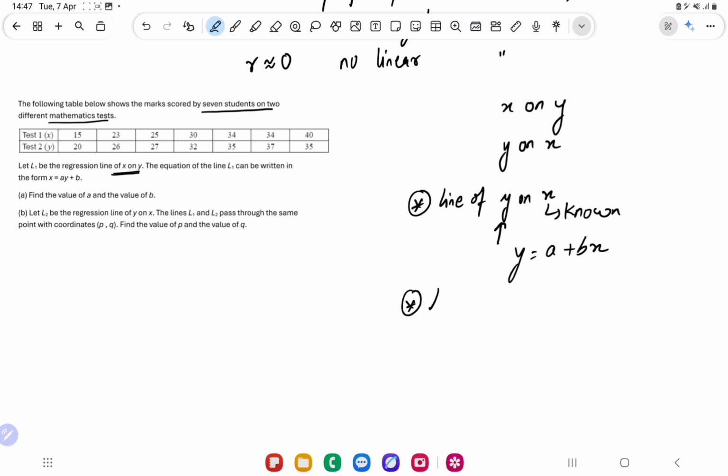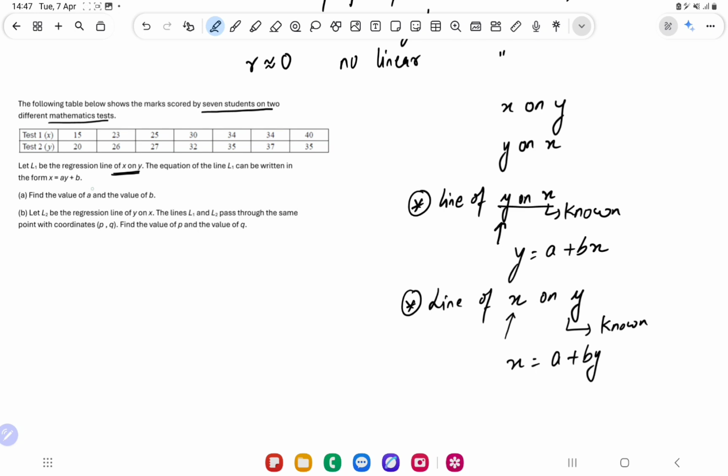And whenever I am talking about the line of x on y, it means now I will be predicting the value of x when my y value is known to me. So the equation will be x = a + by. It simply means that for x on y, my y is independent, and for line y on x, my x is independent.